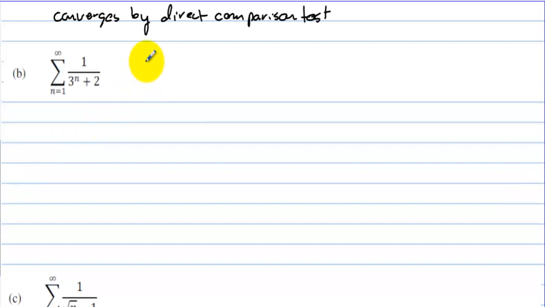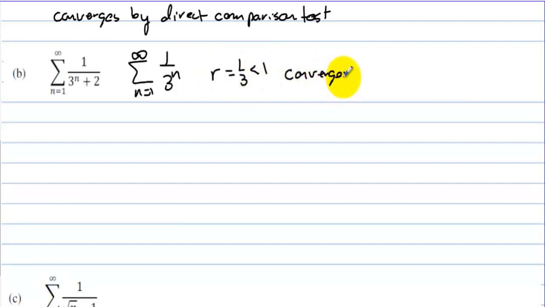For this one, we're going to compare this to the sum from n equals 1 to infinity of 1 over 3 to the n. This is a geometric series where r is equal to 1/3, which is less than 1. And this one converges by geometric series.